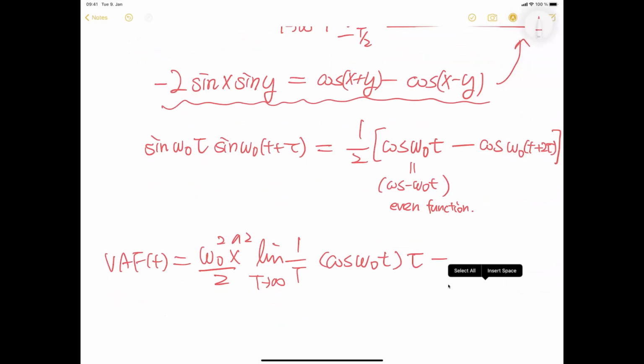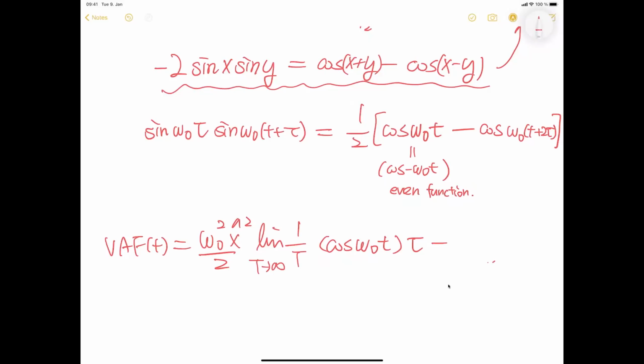So this will give you 1 over 2 omega sine omega 0 t plus 2 tau.